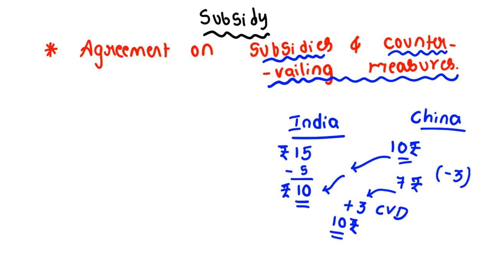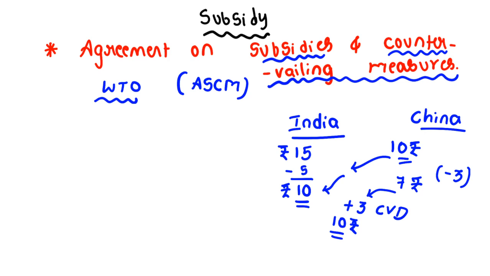On both these things, one agreement happened internationally. This agreement is done in the name of the World Trade Organization, and it is called the ASCM, the Agreement on Subsidies and Countervailing Measures. Clear?